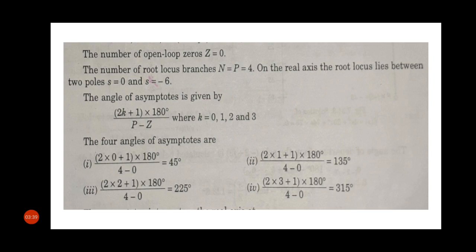Now we find the angles of asymptote. If we put the 4 values of k, then the angles of the 4 asymptotes are 45 degree, 135 degree, 225 degree and 315 degree.